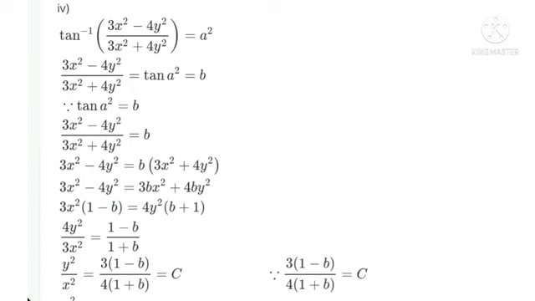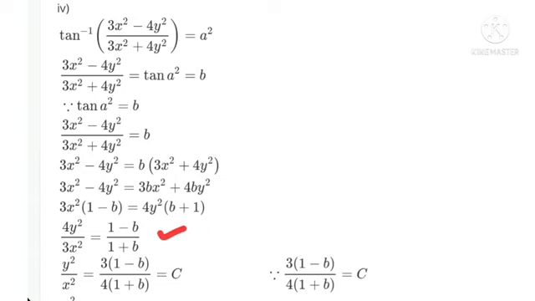Now collect x square. Here 3x square is common, so what remains? 1 minus b, and here 4y square is common, so what remains? b plus 1. You calculate 4y square upon 3x square is equal to 1 minus b upon 1 plus b.